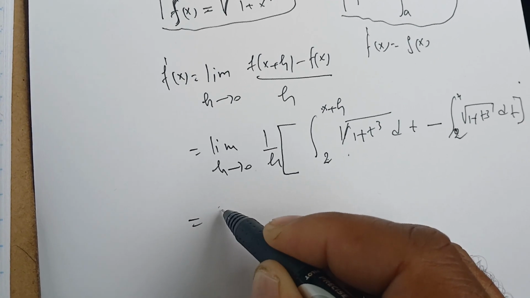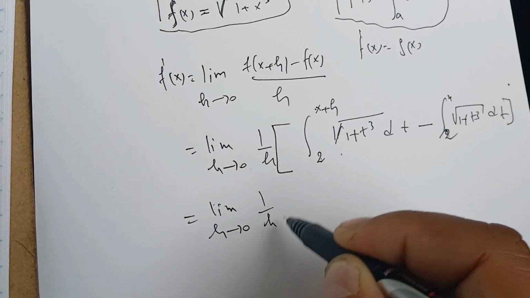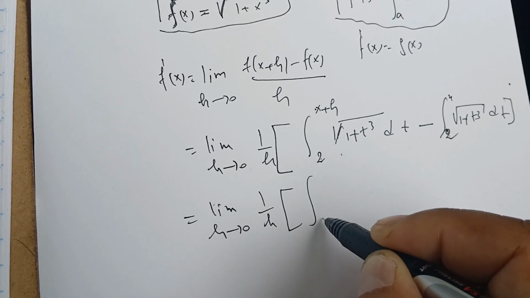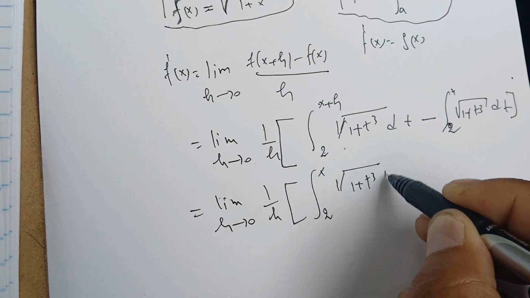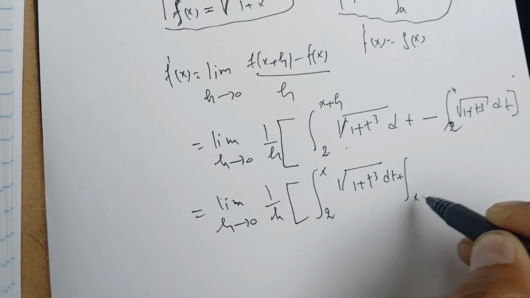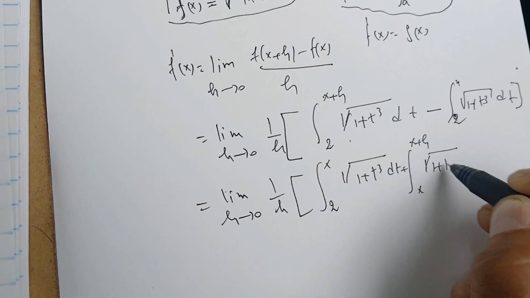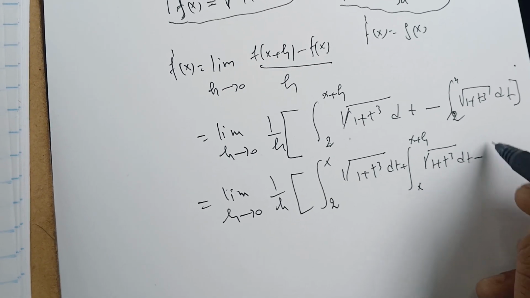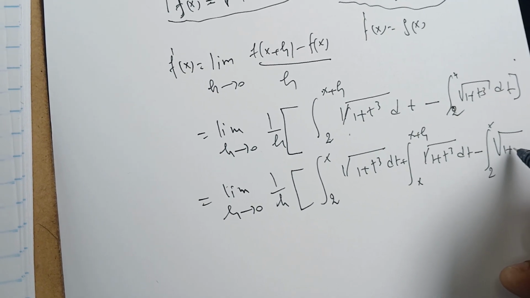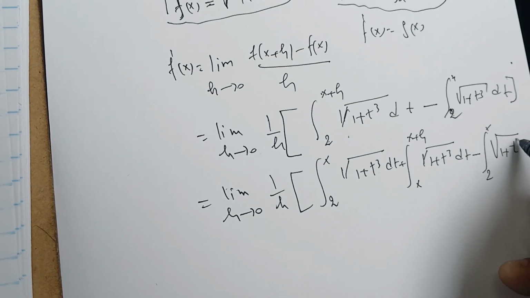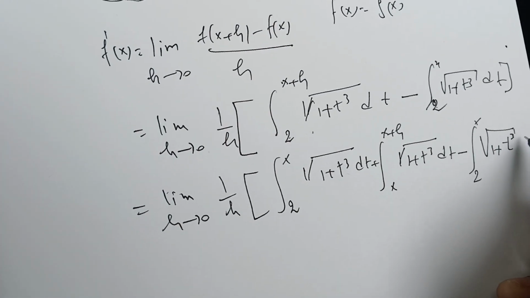Let's write it down. The limit as h goes to 0, 1 over h. I can go from 2 to x of the square root of 1 plus t cubed dt, plus the integral from x to x plus h of the square root of 1 plus t cubed dt, minus the integral between 2 and x of the square root of 1 plus t cubed dt.